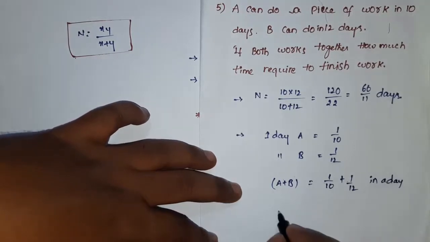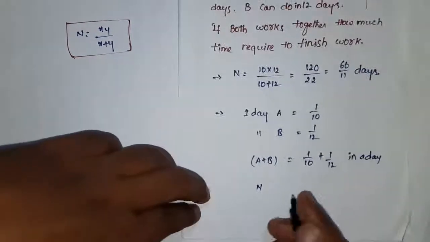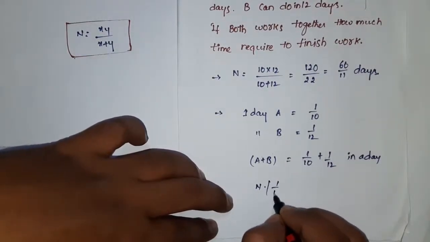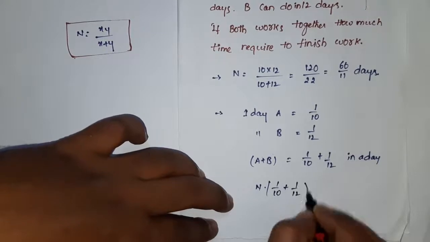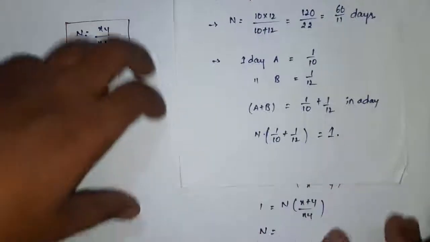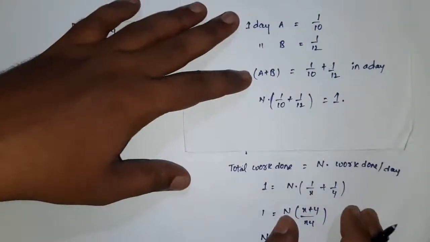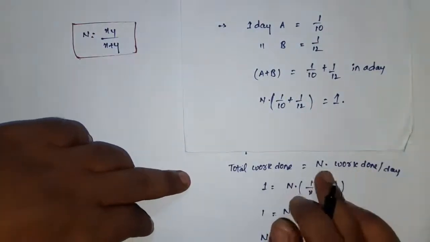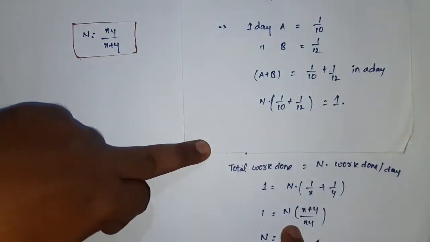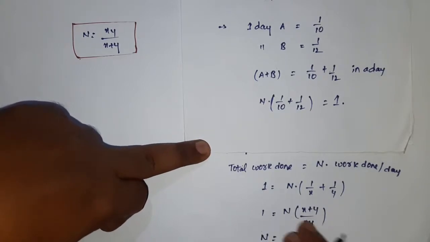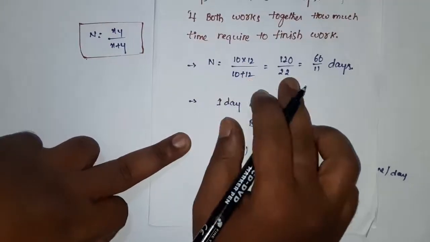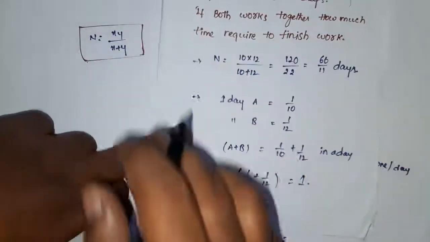Let us consider they have worked n days. As we discussed earlier, total work done is n into work done per day. We end up with this relationship, and by using the formula we got this directly. It is easy, isn't it, friend?